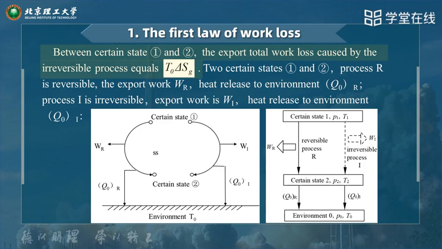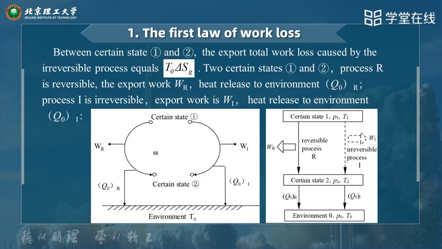T0 is the environment temperature. So from certain state 1 to certain state 2, there are two processes. One is reversible, and the other is irreversible. In these two processes, the work exported is certainly different. The work loss is T0 delta Sg.